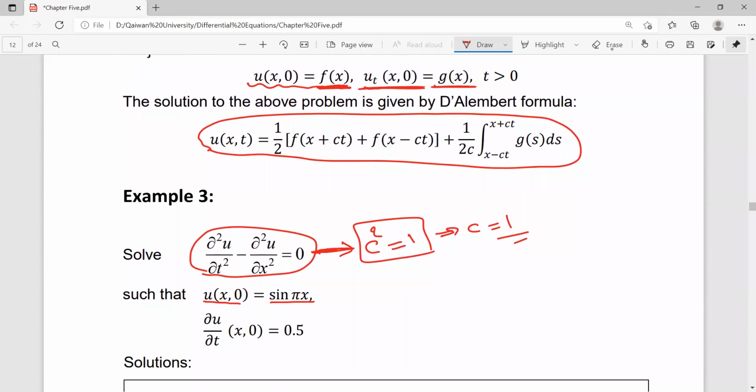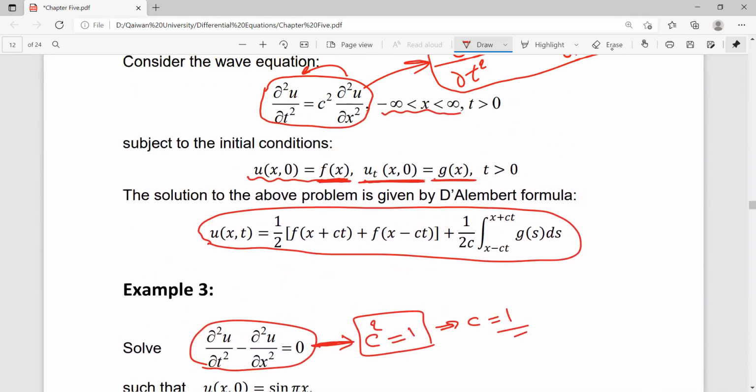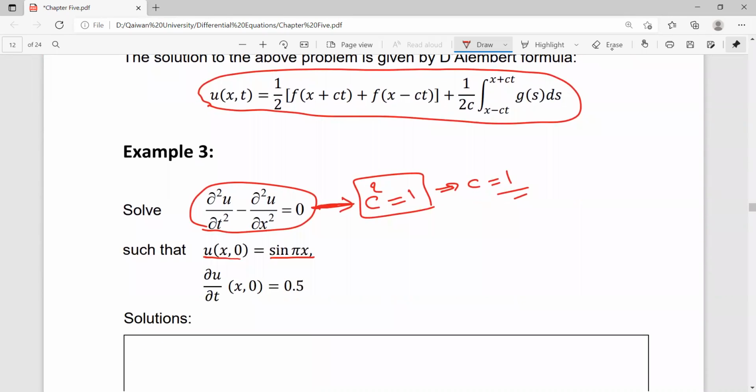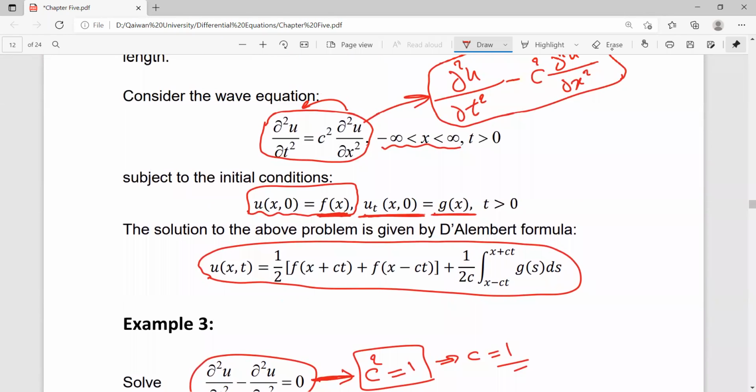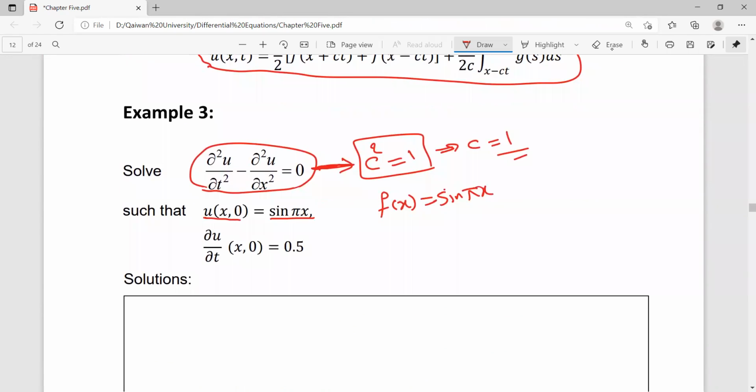And u of x,0, as you see here, we said that u of x,0 is f of x. That means f of x is sine pi x. And u sub t of x,0 is g of x.